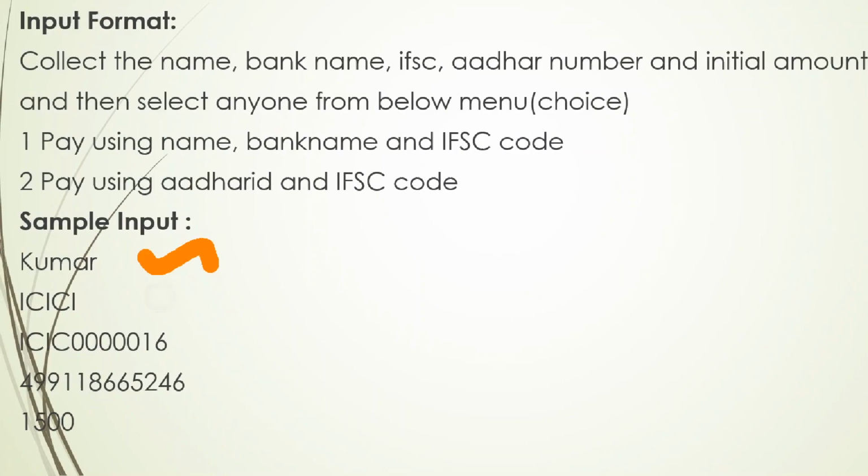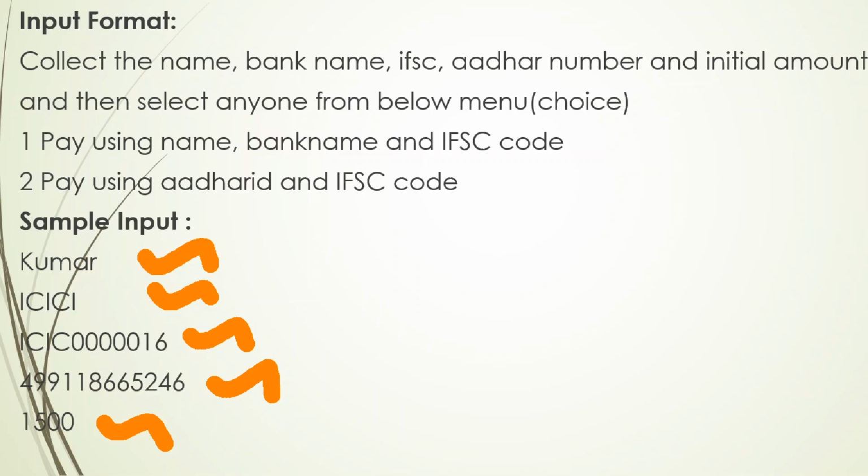Name, then bank name, then IFSC, then Aadhaar number, then initial amount. So this is a sample input. Then once we enter, there are two options, and we need to choose any one of them.